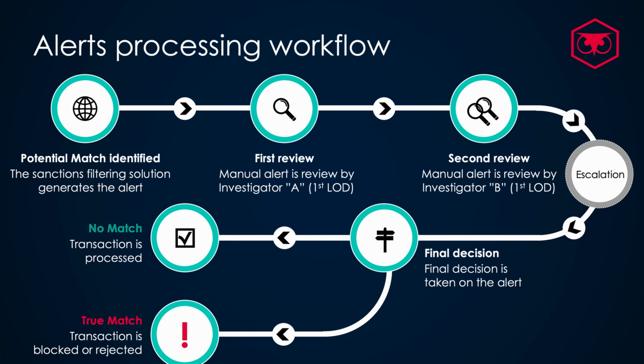The outcome of the investigation can be that this alert is considered to be not a match, and therefore the transaction will continue the flow as originally instructed. Whereas if the alert is instead considered to be a true positive, so we do have a match with an entity on the sanctions list, at that point you can understand the transaction will either be rejected or blocked, as we have explained before.